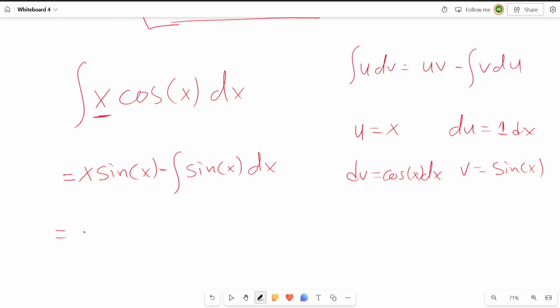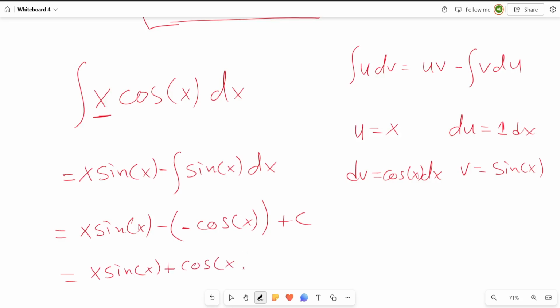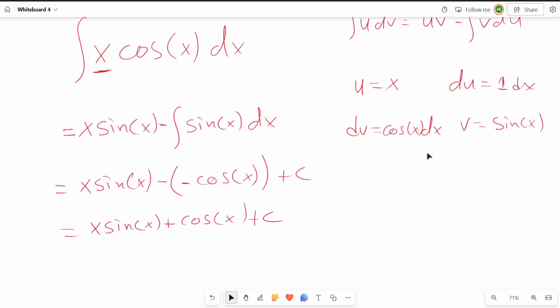So x sine x minus, what is the integration of sine? The integration of sine is basically negative cosine of x, and then I will have the constant of integration. So this is equal to x sine x, negative multiply negative is going to become positive cosine of x plus c, and this is going to be my answer.